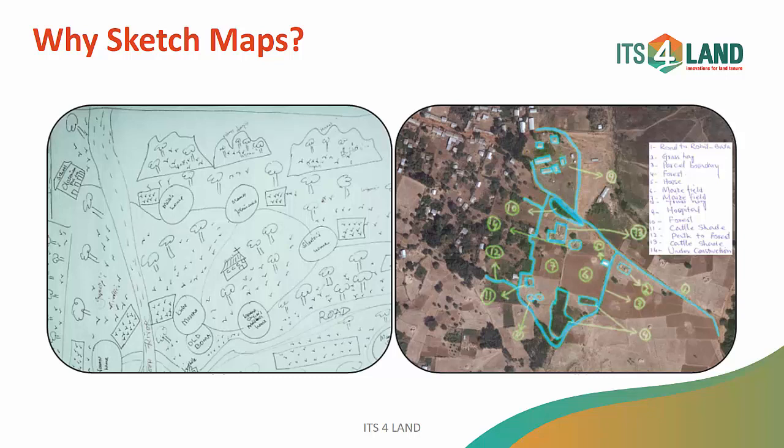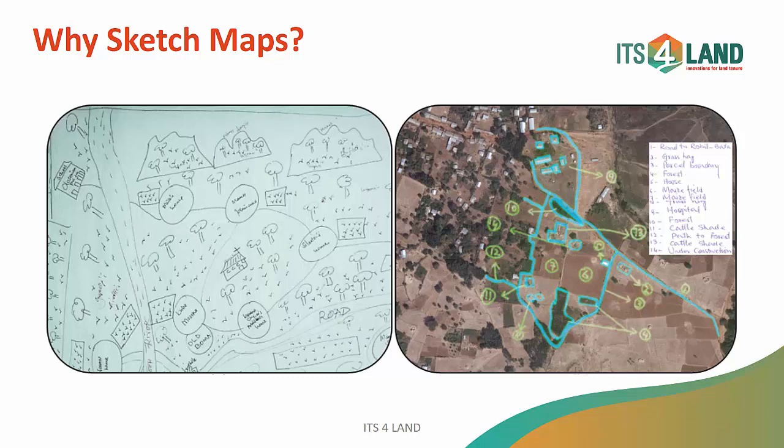Sketch maps are also very flexible in terms of the size of the area that should be sketched, especially when people sketch large areas, such as the pastoralists in Kenya. Data collection via GPS is not feasible as you have to travel to the different locations in person.